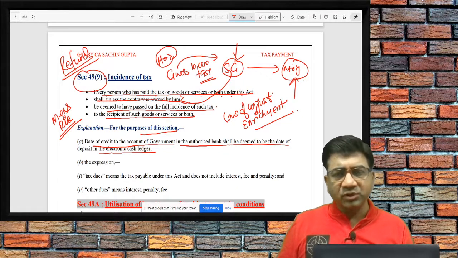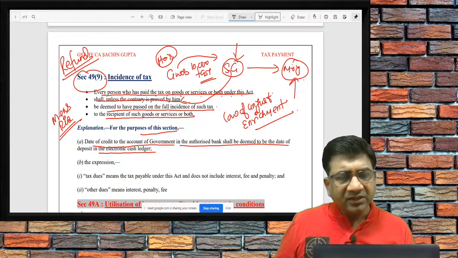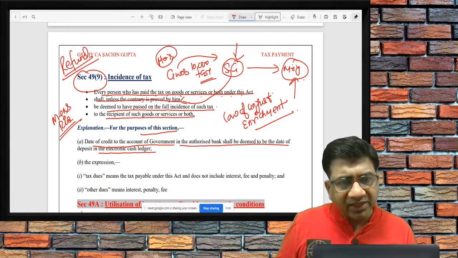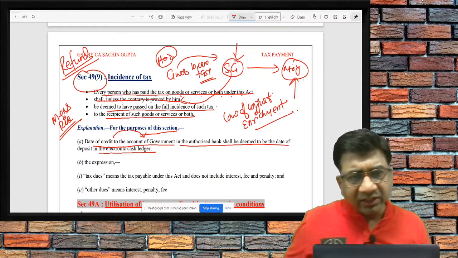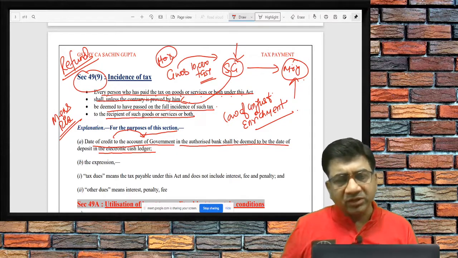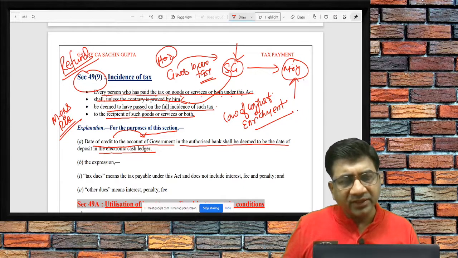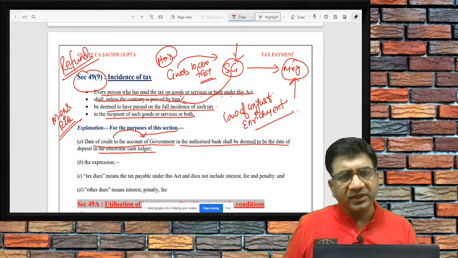So once you deposit money in the electronic cash ledger, the date of credit to the account of the government in the authorized bank shall be deemed to be the date of deposit.